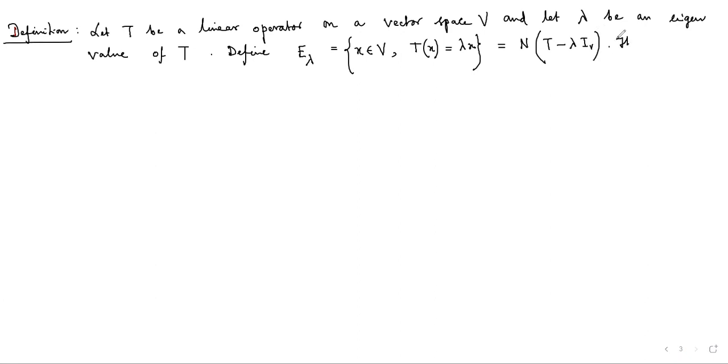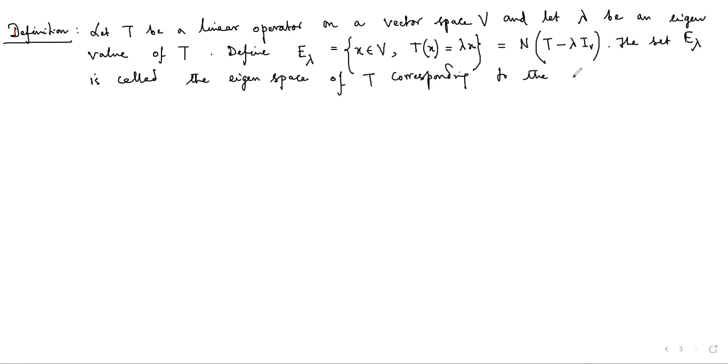Okay, the set E lambda is called the eigenspace of capital T corresponding to the eigenvalue lambda.